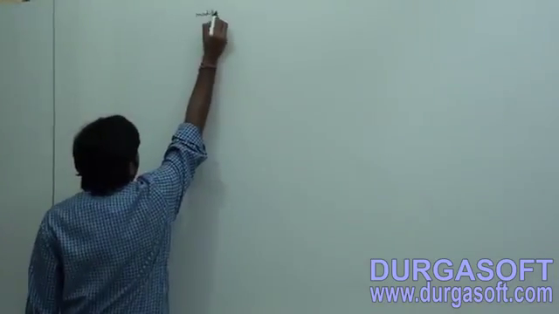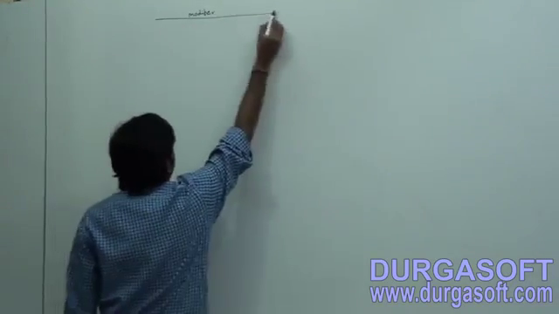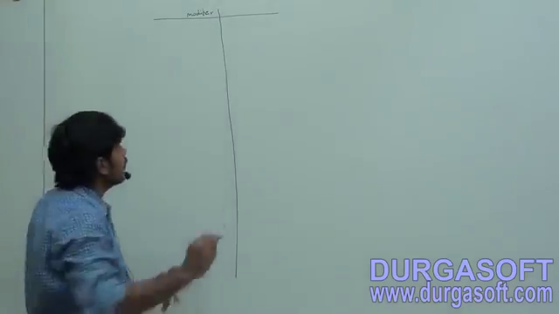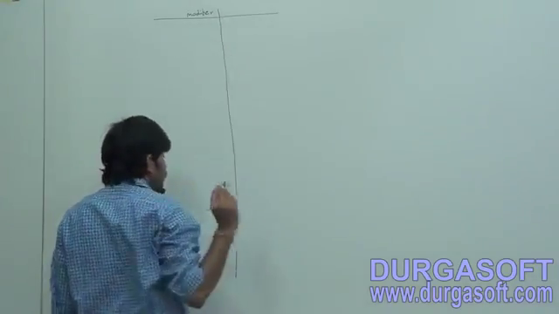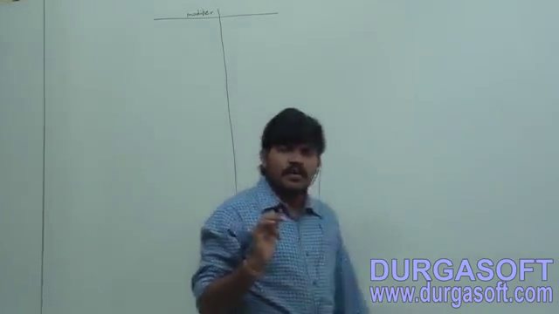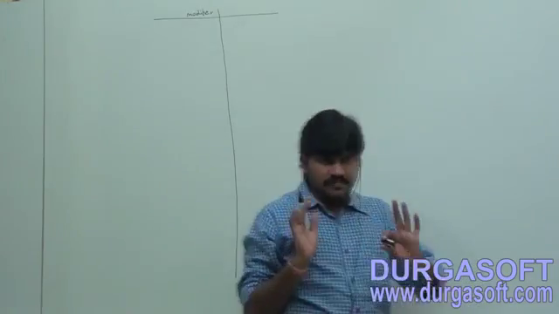Here, see this one. I want to draw a big summary table. Make sure you people have clarity, right? A big summary table I am taking. Modifier: we are talking about which modifier. Next, is this modifier applicable for classes or not?